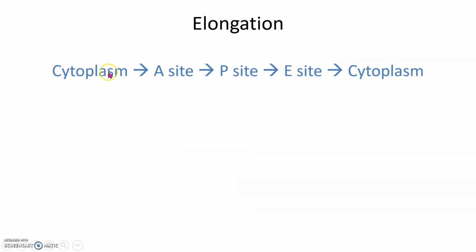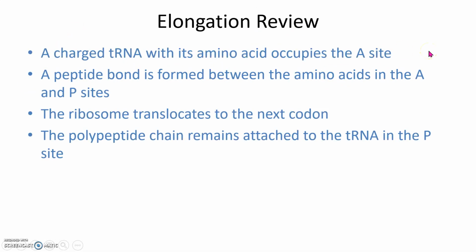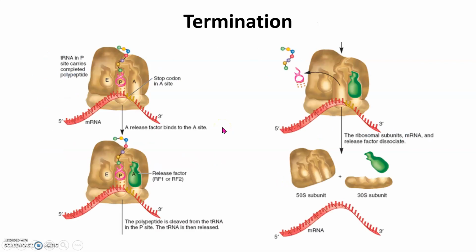So the tRNA is in the cytoplasm, enters the A site, moves to the P site, E site, goes back to the cytoplasm, comes in charged, leaves uncharged. Okay, so charged tRNA with its amino acid comes into the A site, peptide bond is formed, translocates to the next one, peptide bond stays, the uncharged goes into the E and leaves.